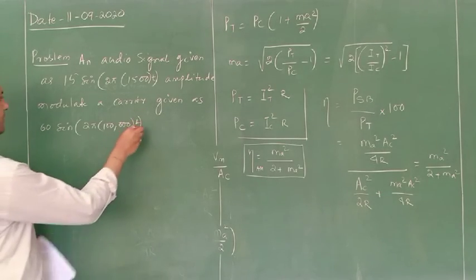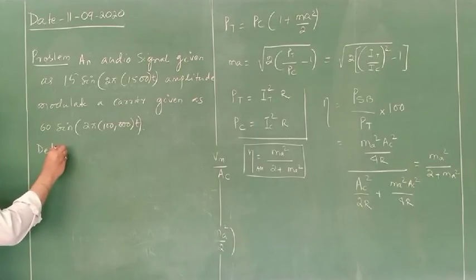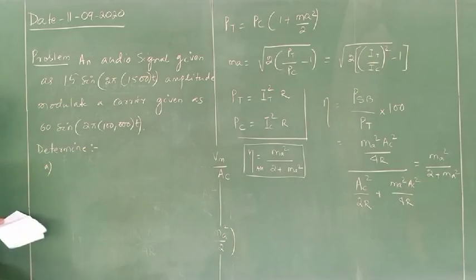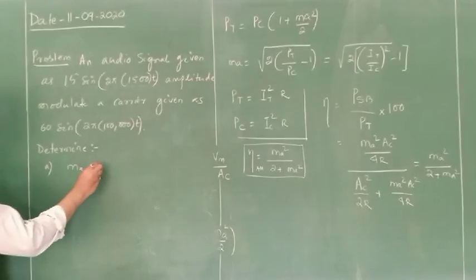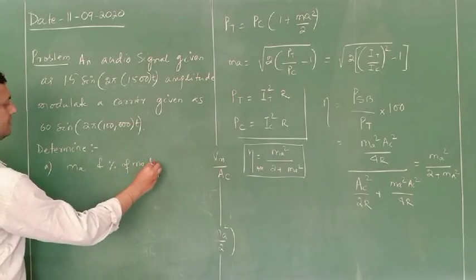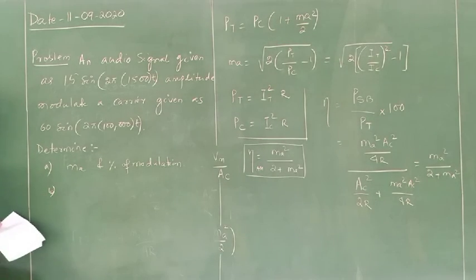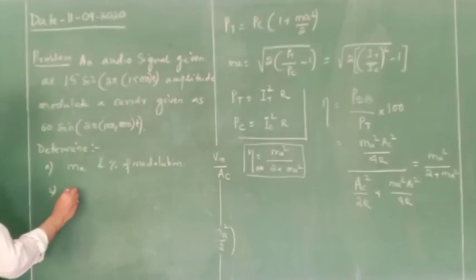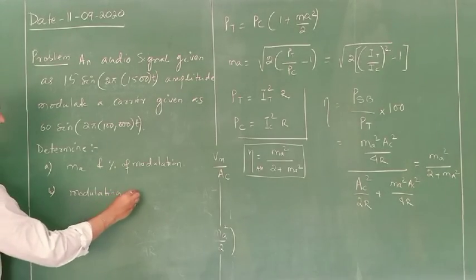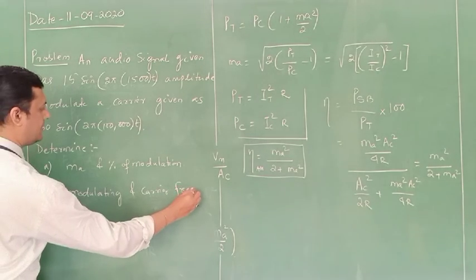Okay. Now here this is the problem. Now we need to determine, part A, modulation index and percentage of modulation. So this is the first one. Part B, modulating and carrier frequency.